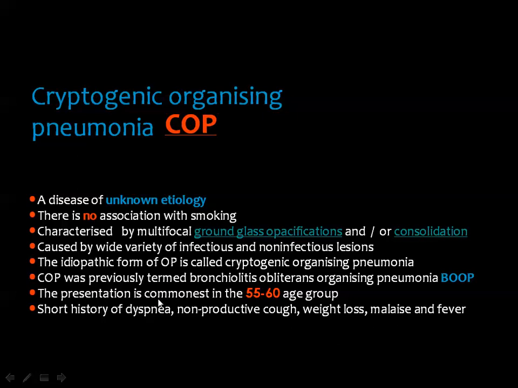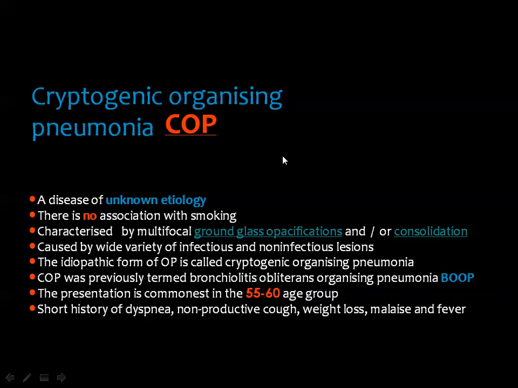And this organizing pneumonia, if it is idiopathic with no known underlying cause, is known as cryptogenic organizing pneumonia, and it was previously termed bronchiolitis obliterans organizing pneumonia or BOOP. This is the old name of this disease.